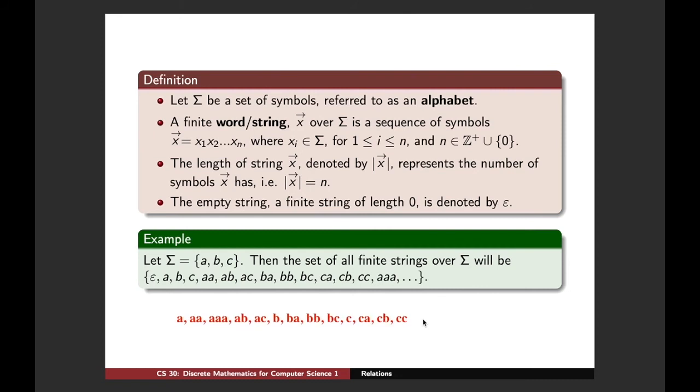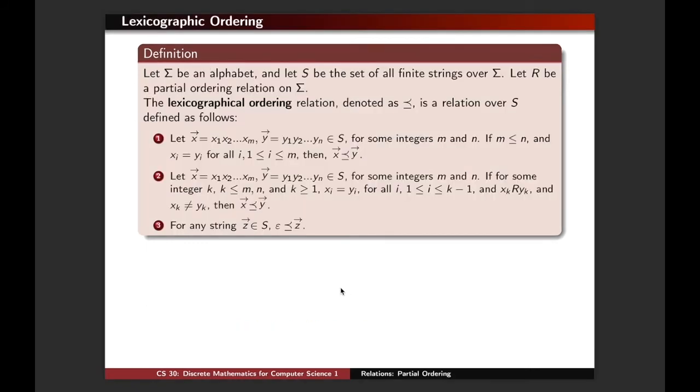Okay? So there's actually a particular name for this type of ordering. Specifically, it's called lexicographic ordering. Lexicographical ordering can be defined provided we have an alphabet, the set of all finite strings over the alphabet, and a partial order relation on the alphabet. We will use this notation to represent lexicographical ordering.